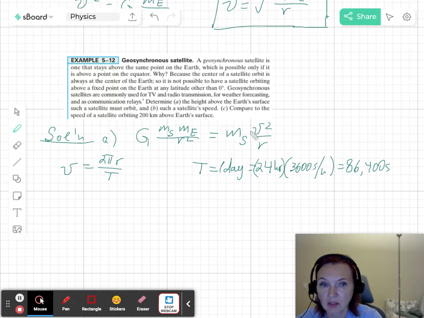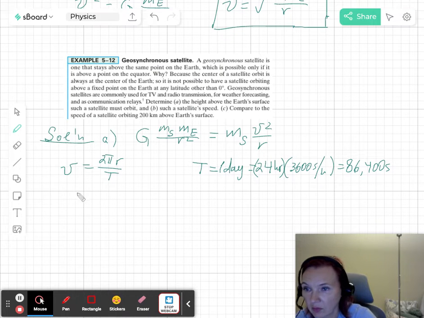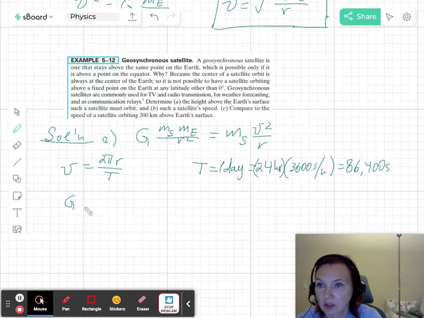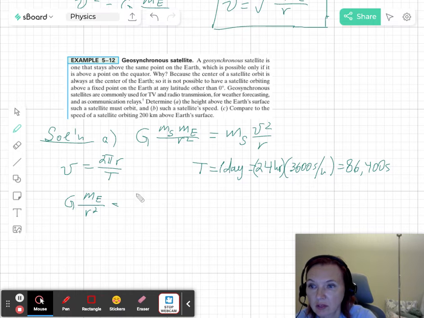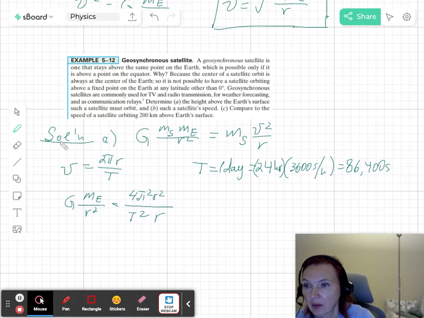Okay, let's plug it in instead of v. So we have now the mass of the satellite canceled out. We already saw that. So we have G M_E over r squared equals v squared, which is going to be 4 pi squared r squared over T squared, and then we had this r as well, right?